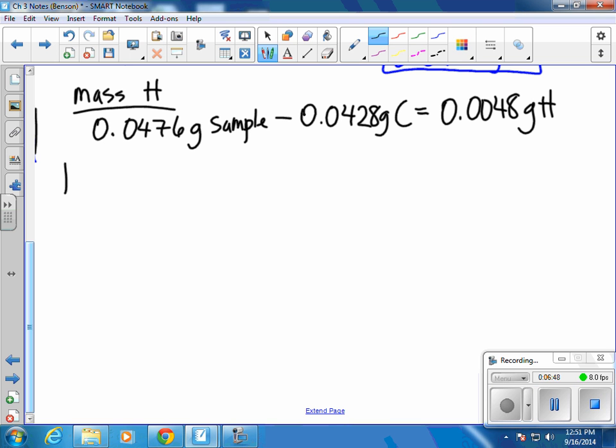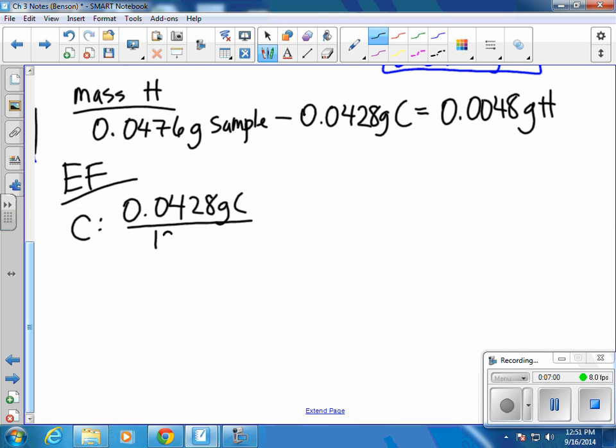So for my empirical formula, I'm going to change my masses over to moles and divide by the lowest number of moles. I'm going to start with carbon, 0.0428 grams of carbon divided by its molar mass. And that's moles.